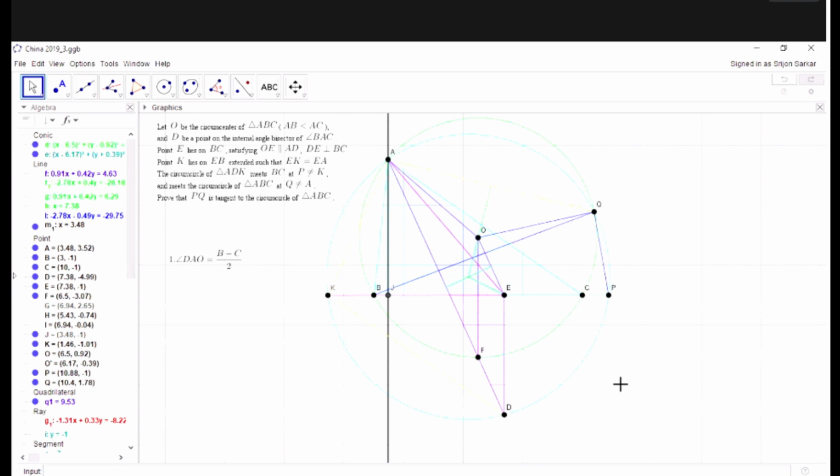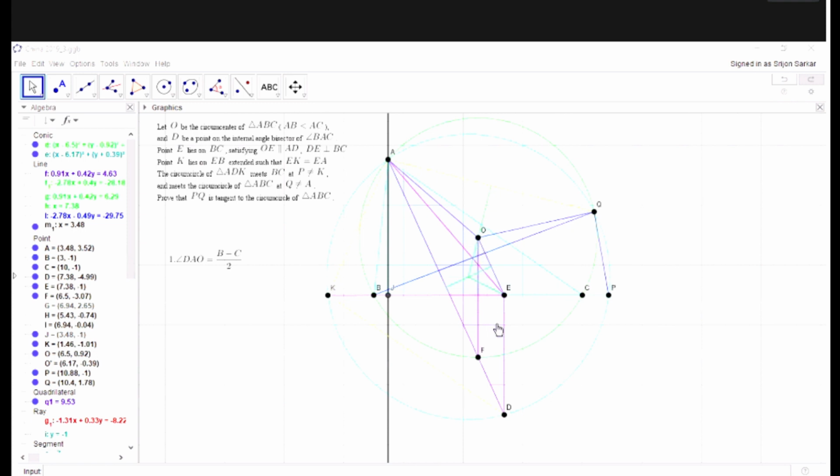Yes, Nirav is right. I got the DM. So you can notice that as O is the circumcenter of ABC, OA is equal to OF. So DAO, this angle where I'm hovering the mouse, is equal to this OFA.